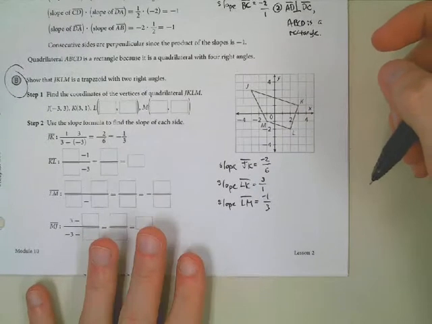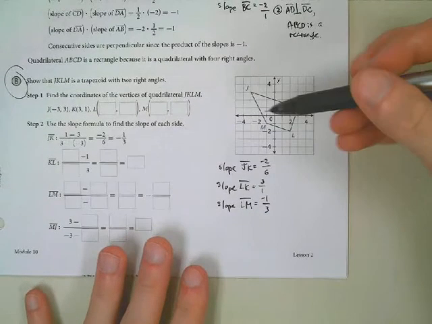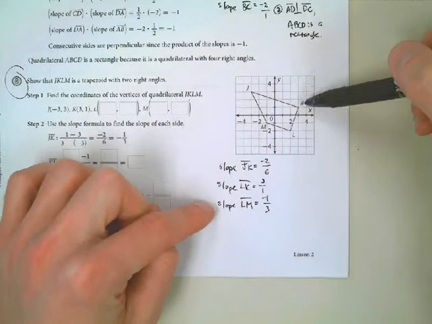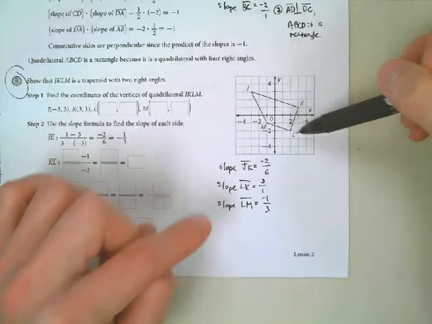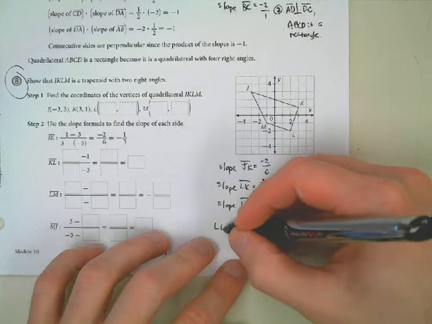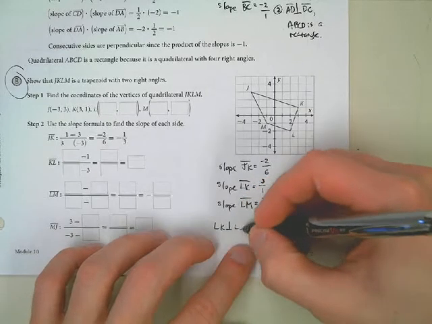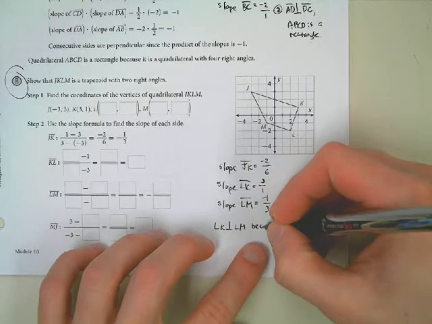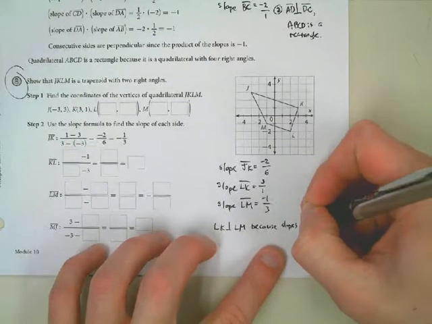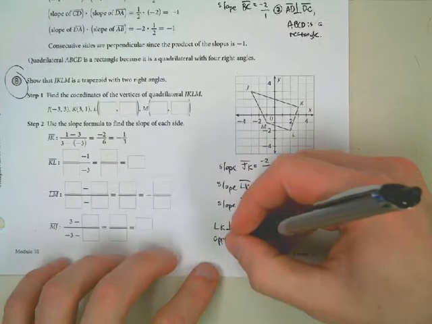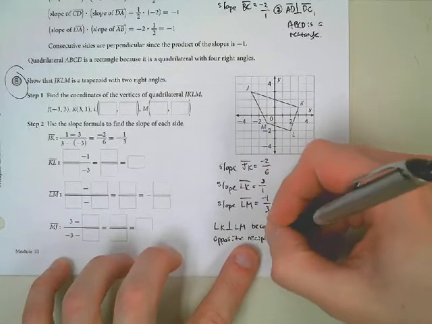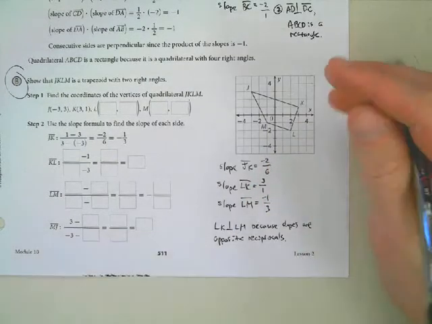Okay, so is LK perpendicular to LM? Yes. How do you know? So LK is perpendicular to LM because the slopes are opposite reciprocals.